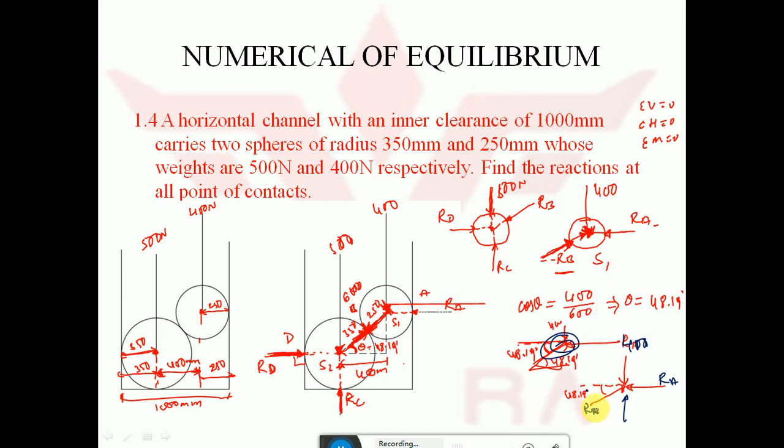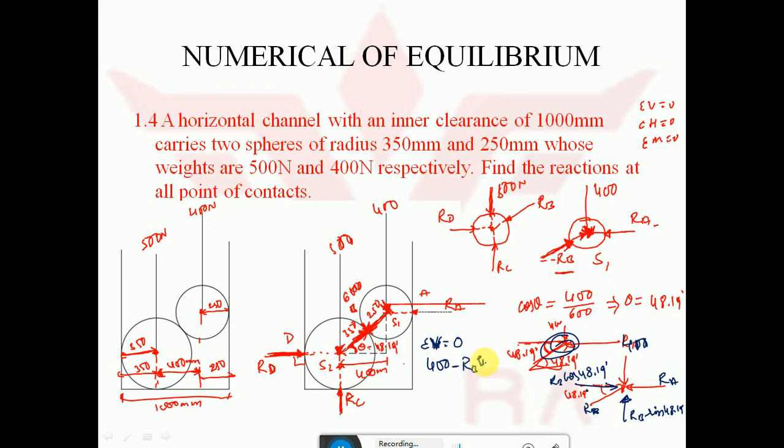48.19 degrees, this is RB. If I resolve this, this will become RB sine 48.19 degrees, and this will become RB cos 48.19 degrees. This is RA. So now if I apply summation of vertical forces, I will apply first. Summation of vertical forces is equal to 0. 400 is acting downward, that is positive, and this RB sine 48.19 is acting upward, negative.